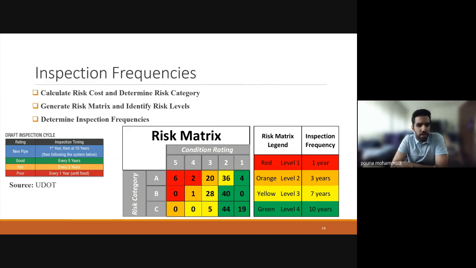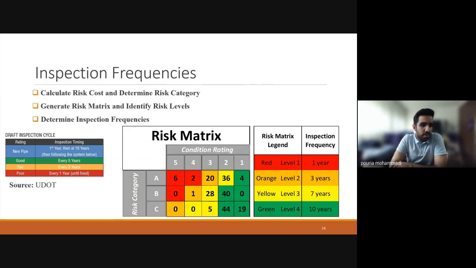So here is the final result, which shows the risk matrix for 272 culverts that we have from Utah. And the last step is assigning the inspection frequency to culverts based on the risk level. Culverts in level 4 zone should be inspected every 10 years, in level 3 every 7 years, in level 2 every 3 years, and in level 1 every year.